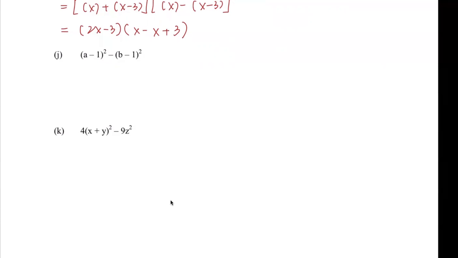So here, a minus 1 squared can be written as a minus 1 squared, and b minus 1 squared can be written as b minus 1 squared. I just copied that because I want to follow the steps that we have been doing for the previous questions. And this can be written as a minus 1 plus b minus 1 times a minus 1 minus b minus 1.